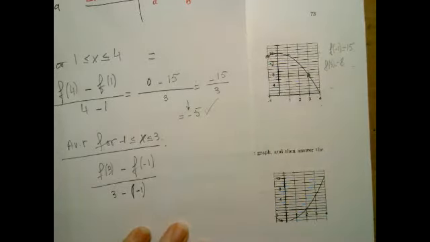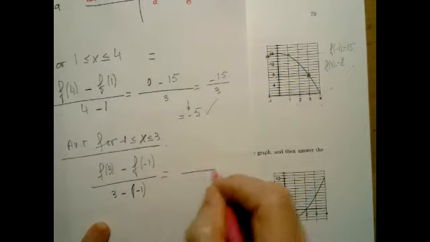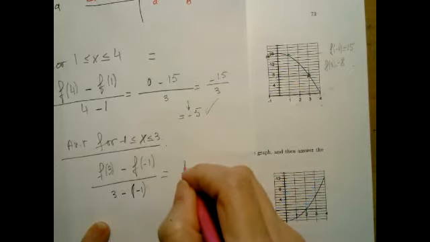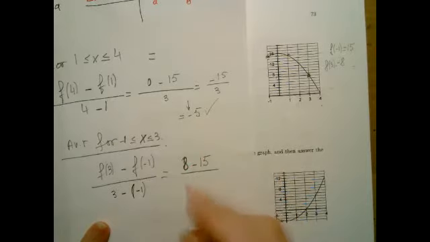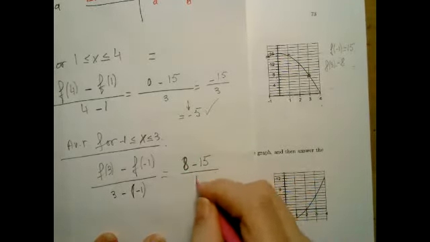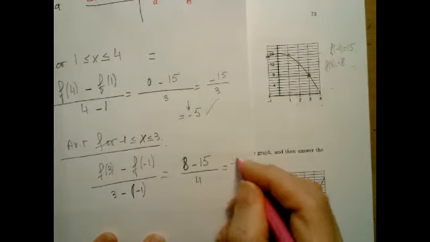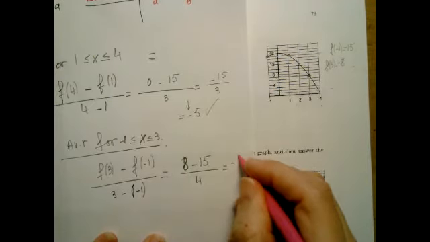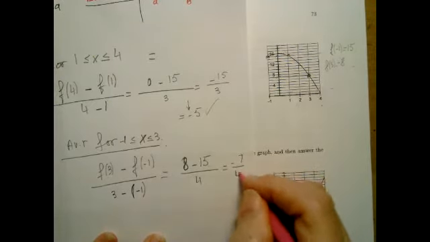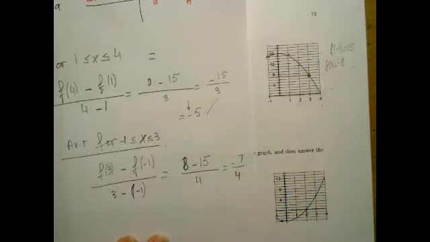So these are the outputs. It's 8 minus 15, which should give a negative value, over 3 minus -1, that's equal to 4, which gives me -7 over 4. Okay, graphically, what is it?